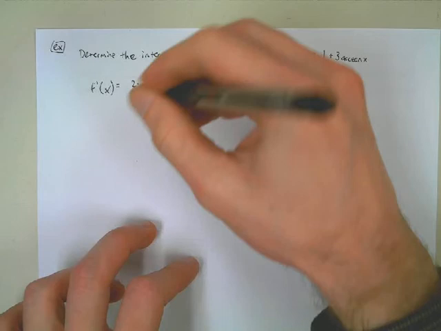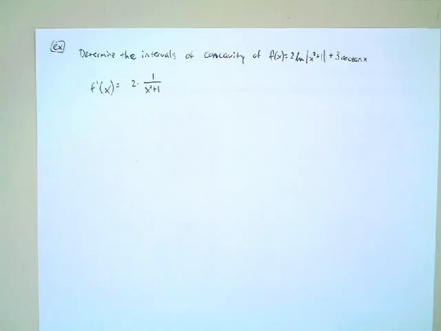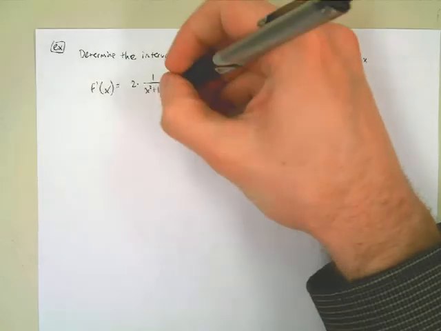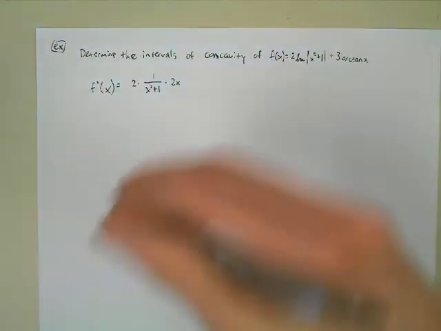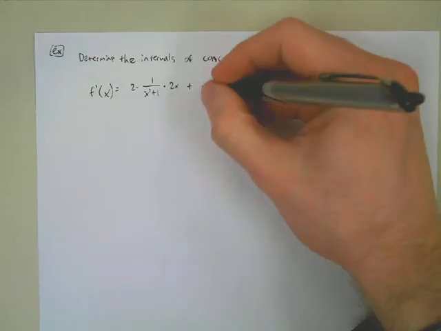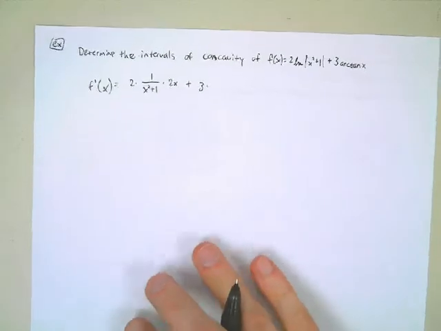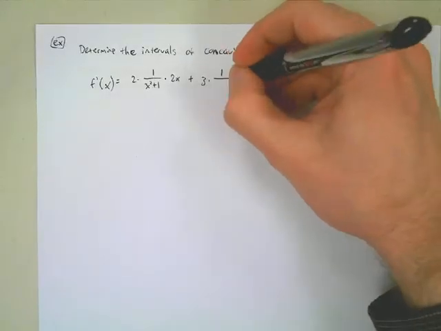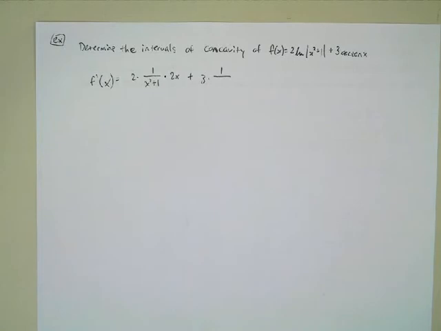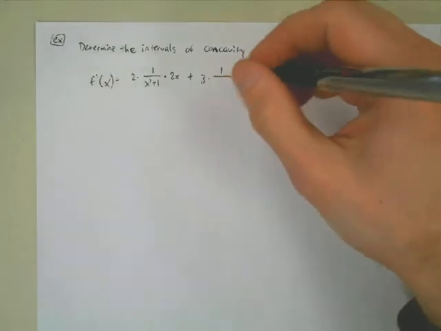Plus 3 times, what's the derivative of arctangent? It's u squared plus 1, yes.